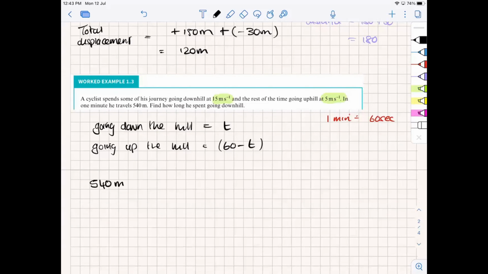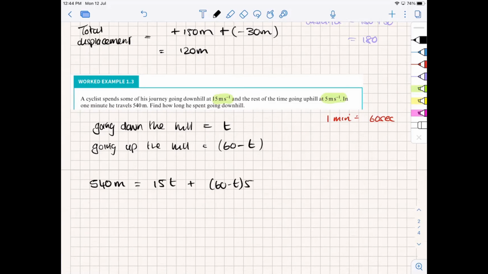If our total distance covered is just the sum of the two displacements, we can calculate them as well. He spent 15 meters per second for t seconds. And he went 60 minus t at 5 meters per second.